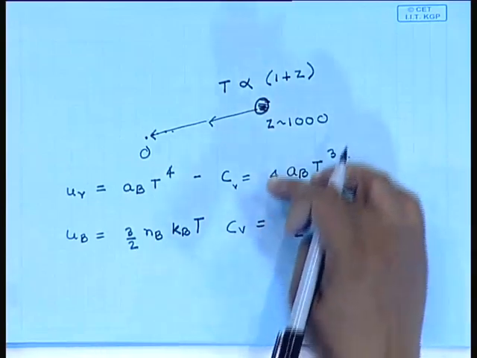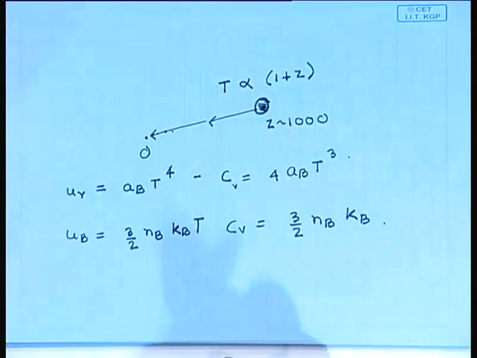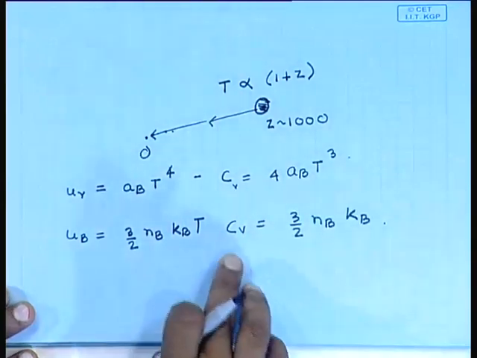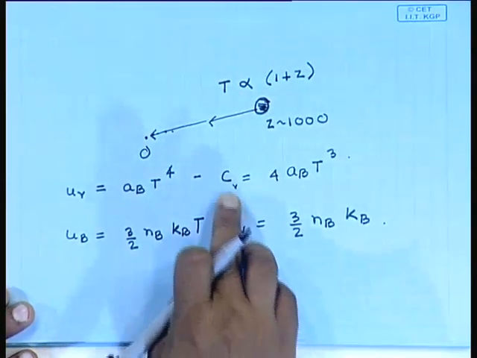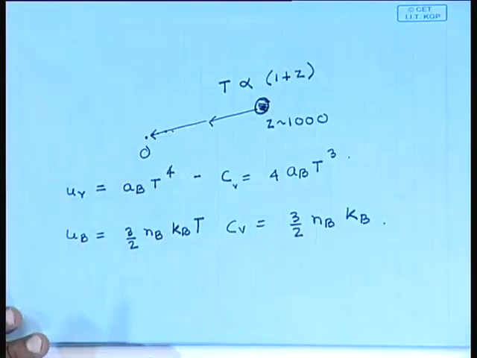We want to calculate the ratio of these two numbers. We would like to estimate the ratio of the heat capacity of the baryons to the heat capacity of the CMBR. So, let us estimate this ratio.